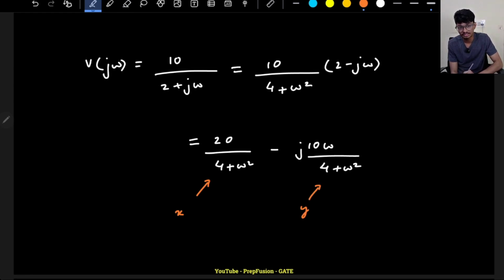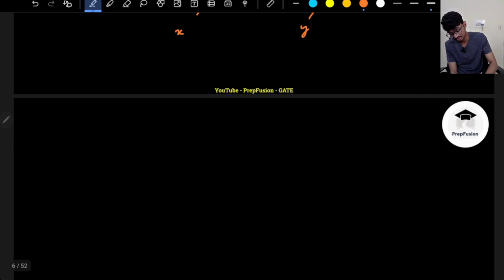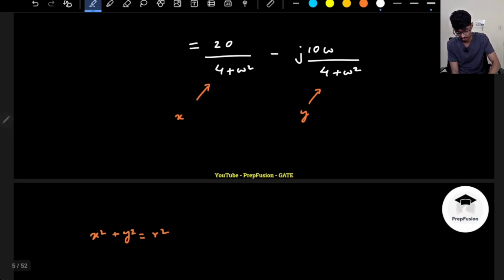And what is the equation of a circle? The equation of a circle is something like this, that x square plus y square equals r square. The most basic equation of a circle, correct? So let us find out this x square plus y square.